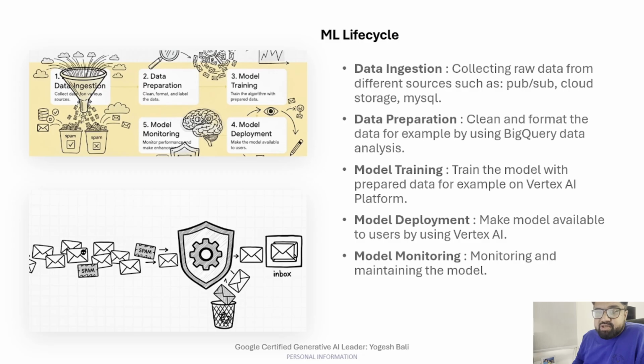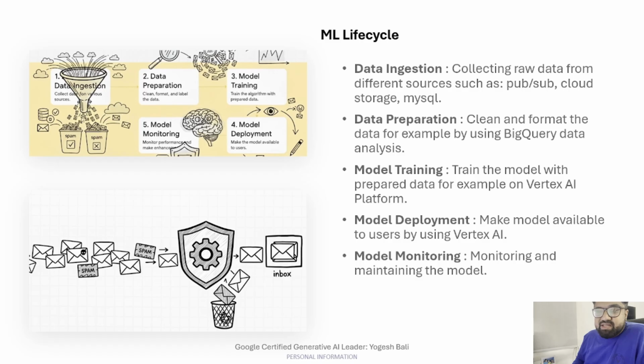In model training, we provide these thousands of labeled data to the algorithm to understand what we call a spam mail and what we call a not spam mail. Model deployment is deploying this spam filter model on an email platform, and model monitoring is monitoring this model's performance metrics and maintaining this model with new data as the spam evolves.